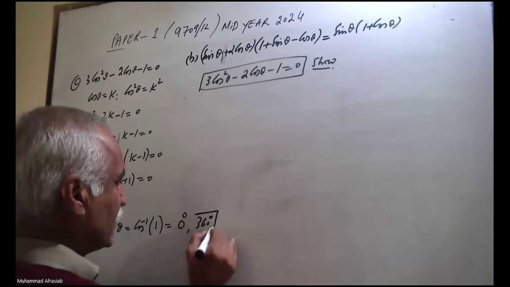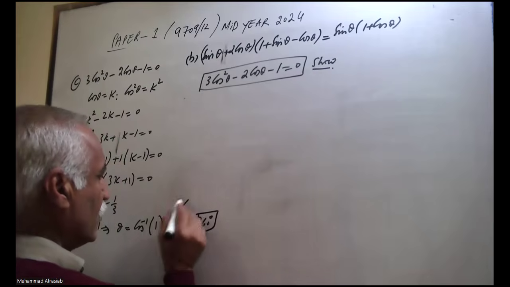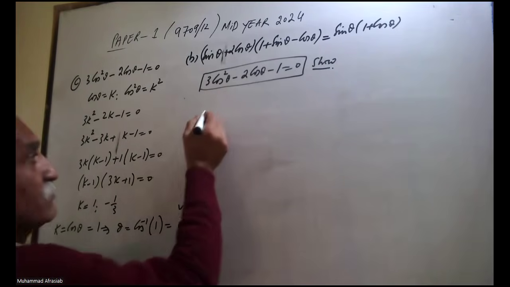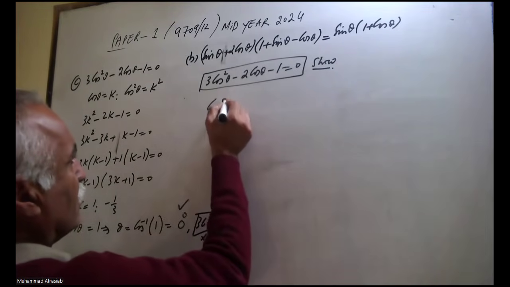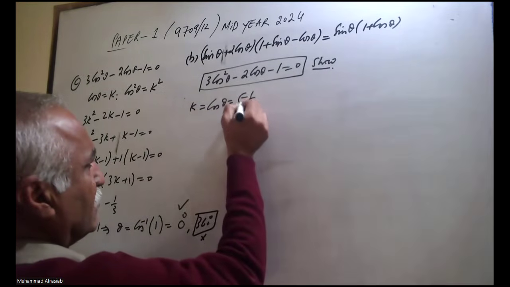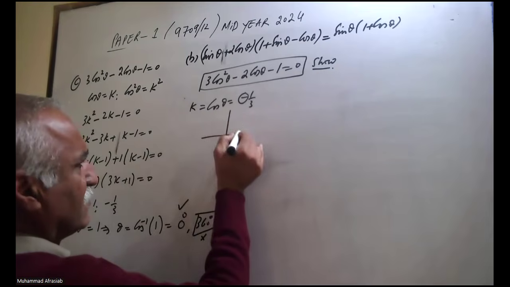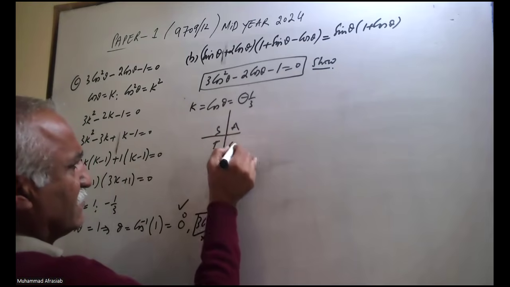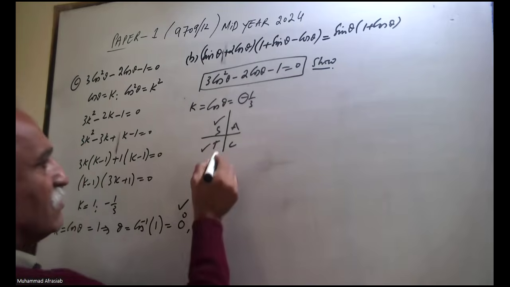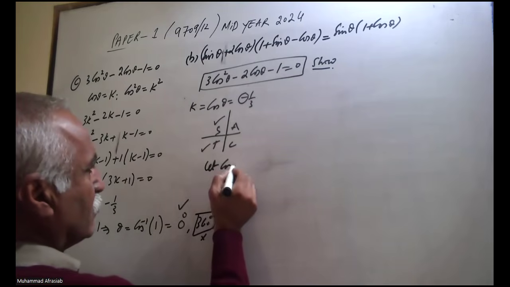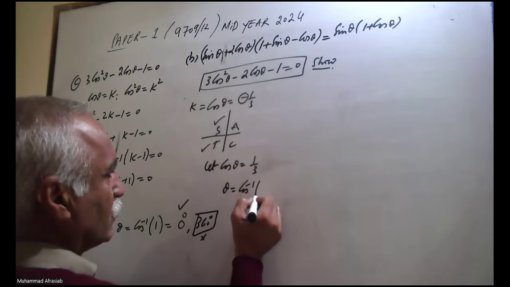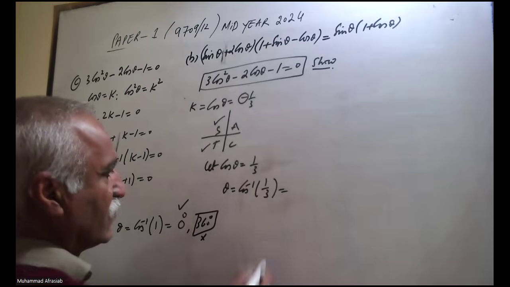But 360 is not in the range, so there should be only one angle there, that is 0 degrees. Then for the other value, cos of theta is equal to k, that is equal to minus 1 over 3. So minus indicates that, in ASTC, cos is negative in the second and the third quadrant. So let cos of theta be equal to 1 over 3, then theta is equal to cos inverse of 1 over 3.